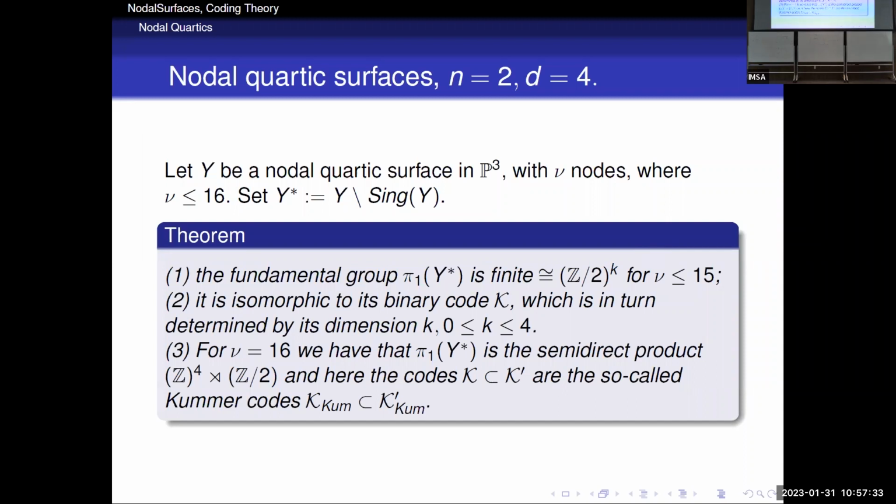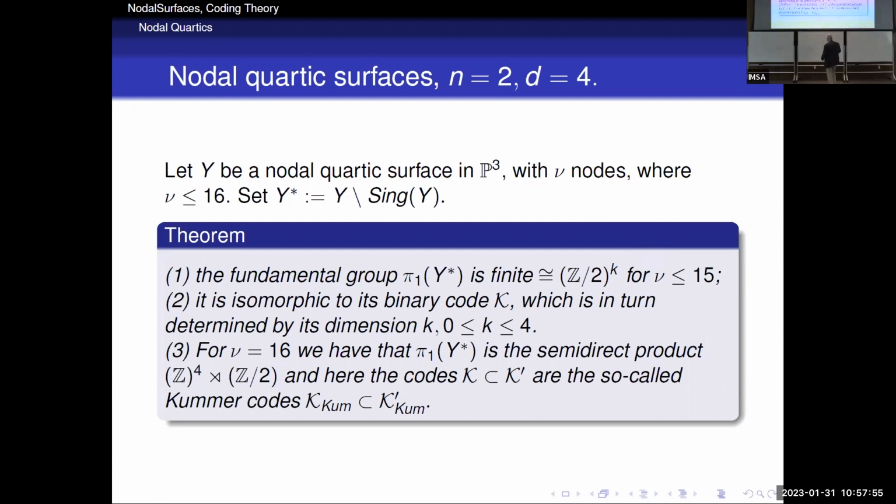And this is just because there is a double cover of the Kummer surface ramified in the 16 nodes, and this is principally polarized abelian surfaces. And one can describe the so-called Kummer codes. So I should say that there are two codes.